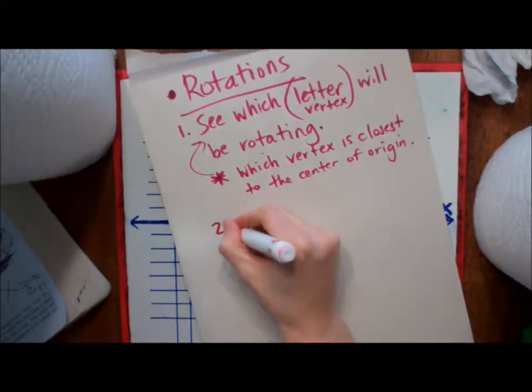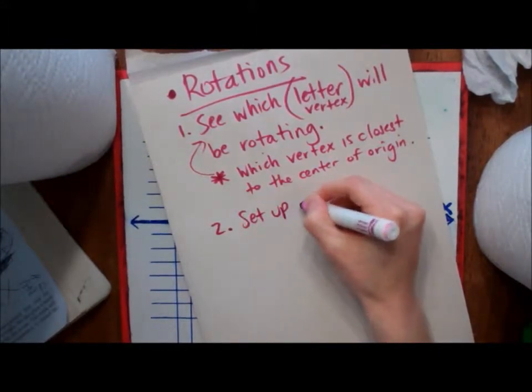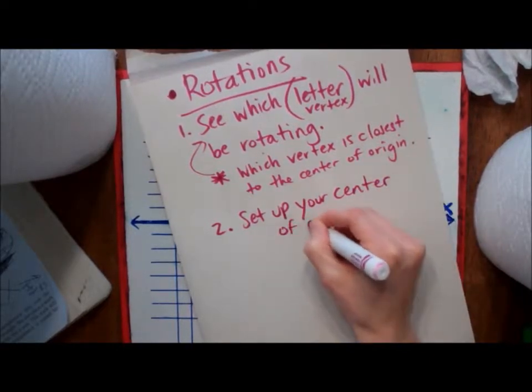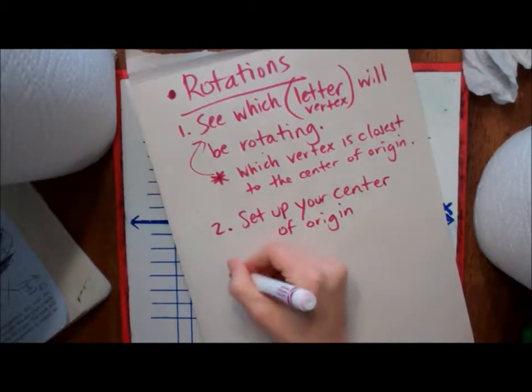Now, step 2 on this one is that you're going to go on and set up your origin, set up your center of origin. Now, we're going to do this together. You're just taking notes right now. I'm going to explain exactly what all these mean in just a minute. Step 3.